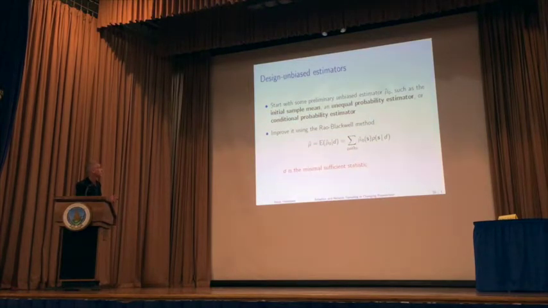The first approach I followed was the design-based one, which said, find some simple initial estimator. Like, we selected the first node of the first set of nodes at random, so the sample mean, say, would be an unbiased estimator of the population mean for that activity. And then we can improve that using the Rao-Blackwell method, where we take our initial simple estimator and calculate its expected value given our sample, given the minimal sufficient statistic for our sample.